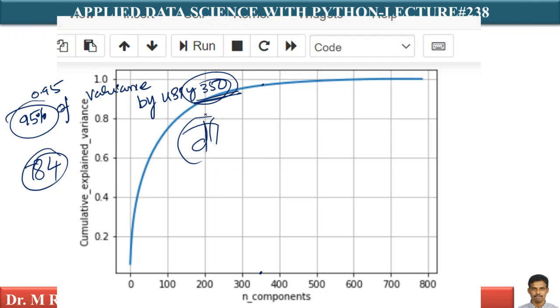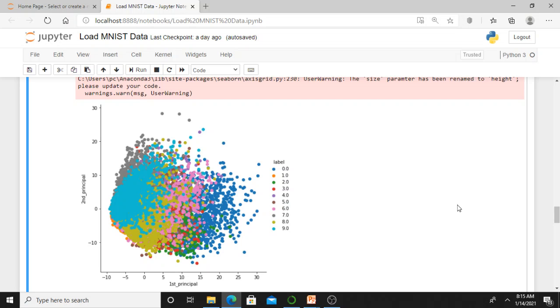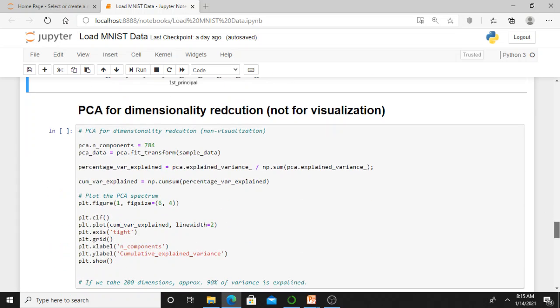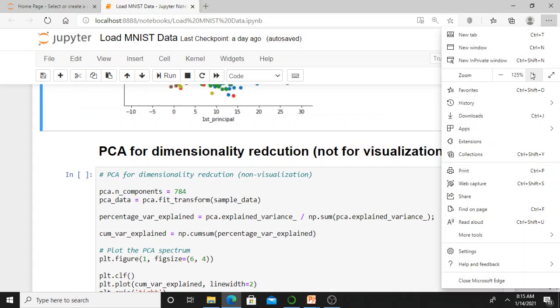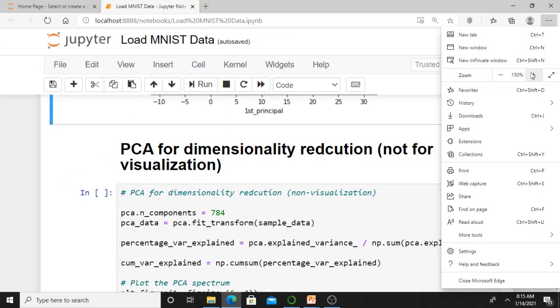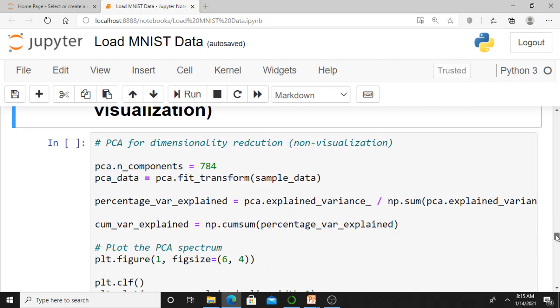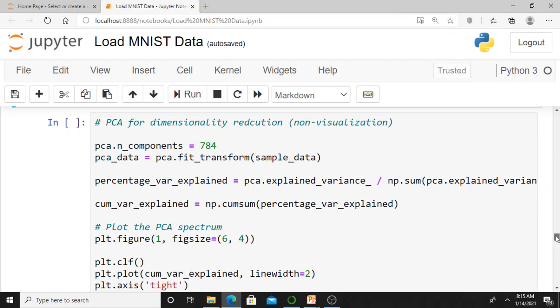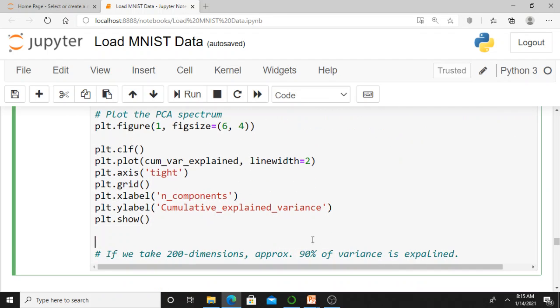Let me go to the Jupyter Notebook and show the same code. It's simple code in the same Jupyter Notebook, on which I have been spending a lot of time for the past few lectures. Just see this PCA. I will provide this IPython notebook in a Google link. PCA n_components 784, same thing. Let me plot this.